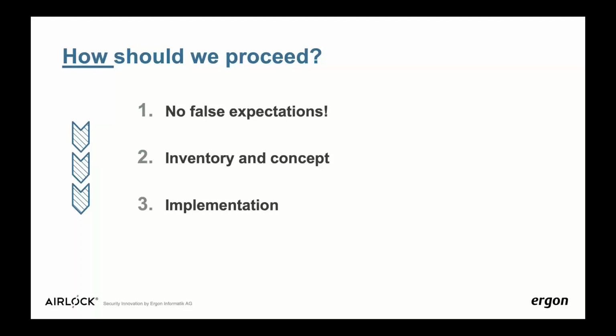I will show in a few seconds what that means. Second, make an inventory and a concept, as the new login UI will be based on a flow, and you need to design the flow. You need to decide how the flow looks for your end customers. And third, of course, you need to do the implementation after steps 1 and 2.